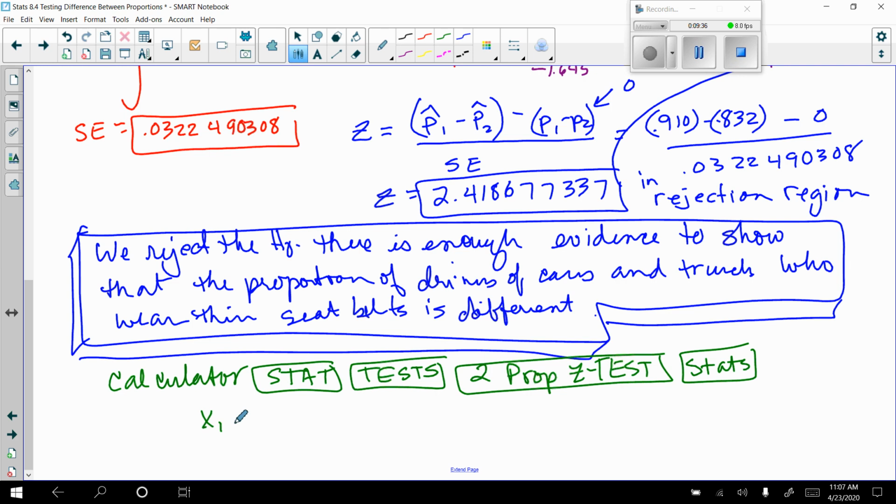Pretty straightforward. x sub 1 is 182, n sub 1 is 200, x sub 2 is 208, n sub 2 is 250, and you're going to do a not equals p sub 2.